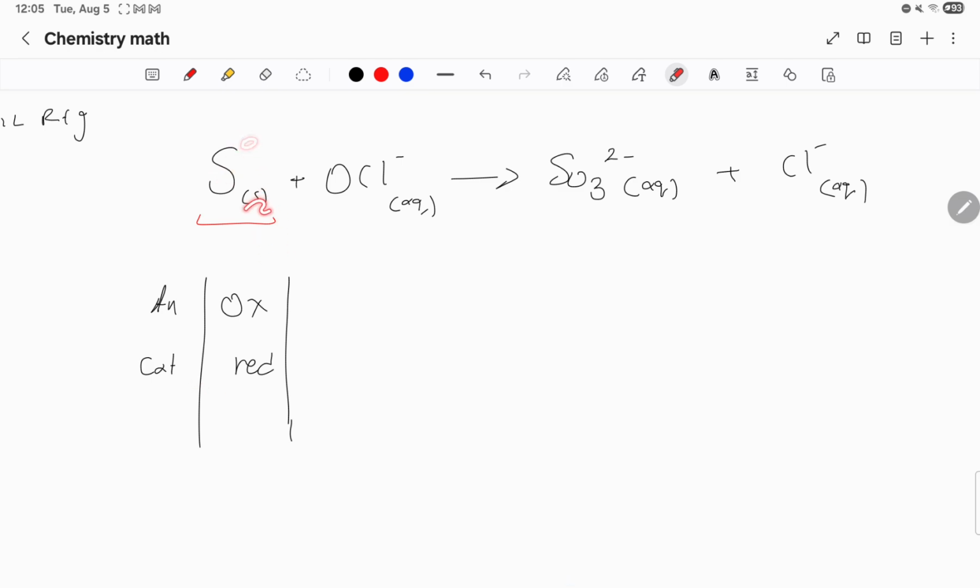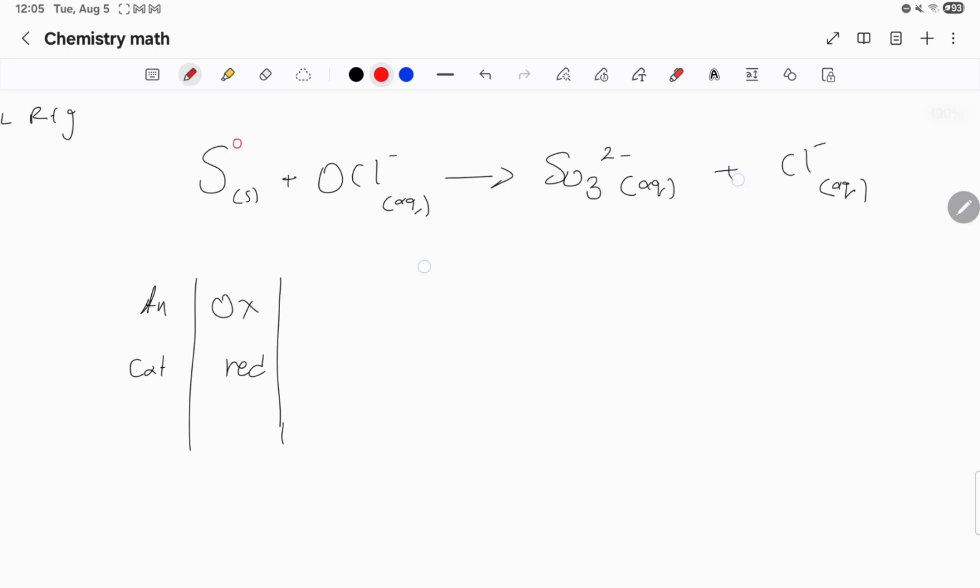So, I am just going to go ahead and predict that this goes from a 0 charge to some charge, which must mean that this is getting oxidized. I'm just going to predict that for my own reasons. But let's do it.